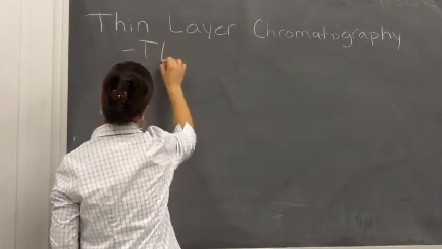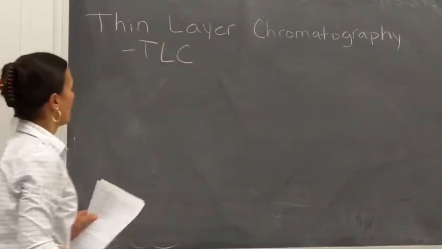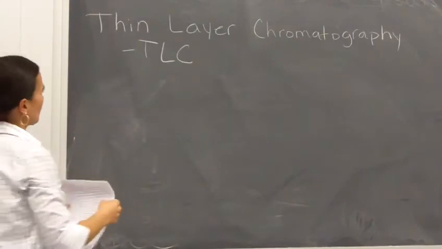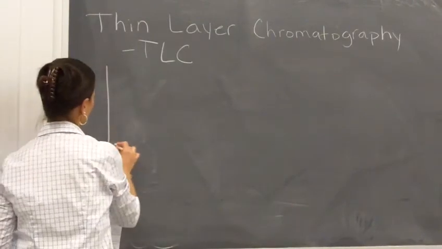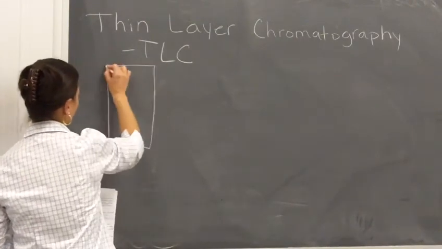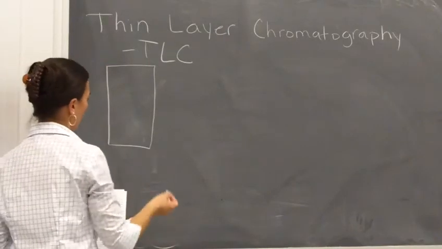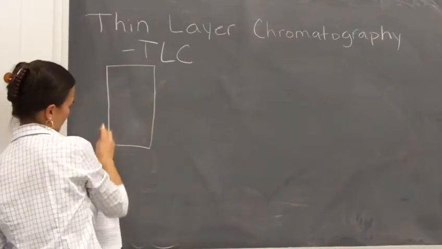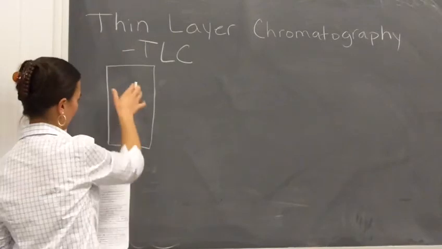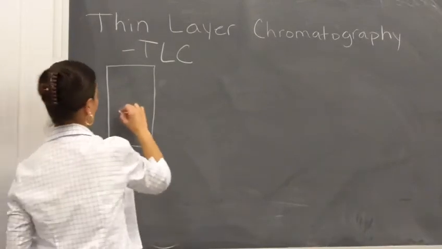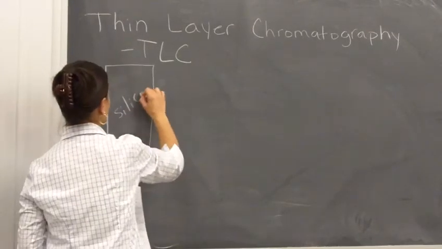So, otherwise known as TLC. What you have with thin layer chromatography is a plate, okay? There's some sort of backing on that plate, but then you have silica on this plate, all right?